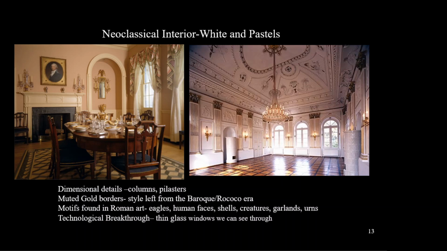Doors and windows in arch shapes are heavily featured. These interiors, to the people who lived there, looked minimalistic compared to the 18th century. It uses symmetry and classical proportions to make a statement about the power of reason.